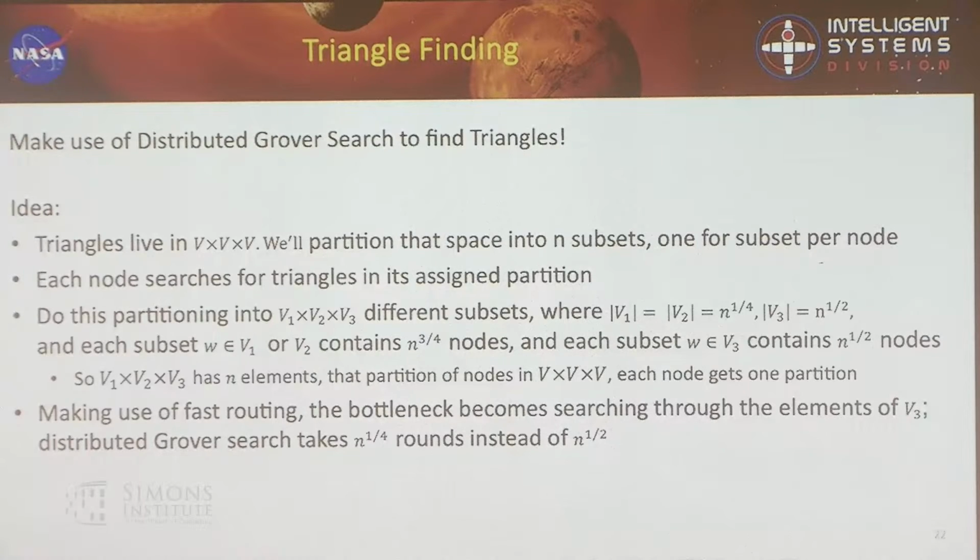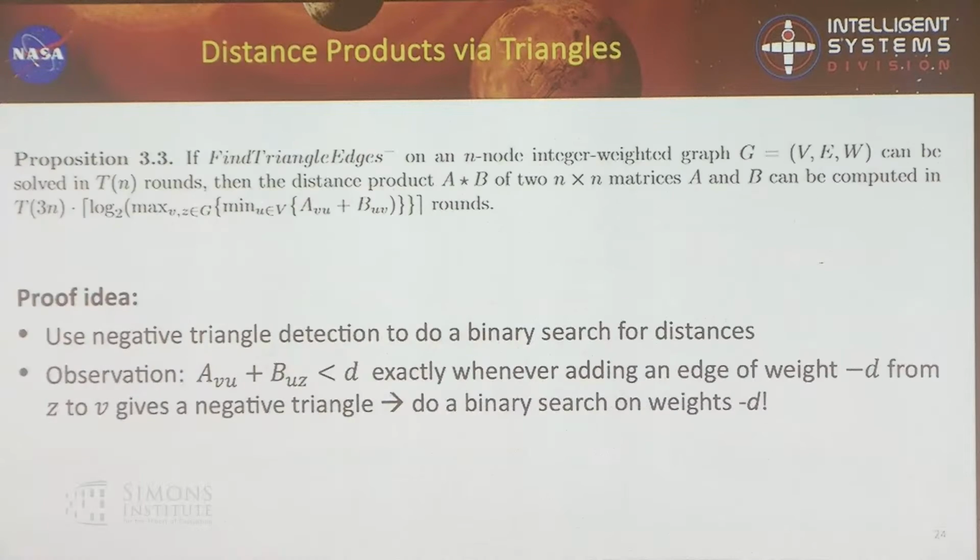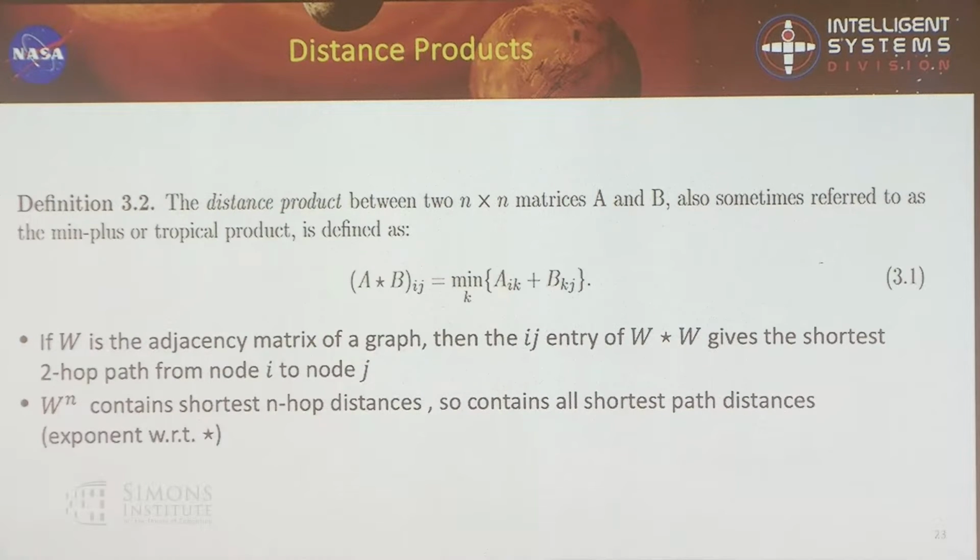And then we're going to use that in the context of distance products. A distance product is familiar to some folks, but for some reason it's not as common to see.